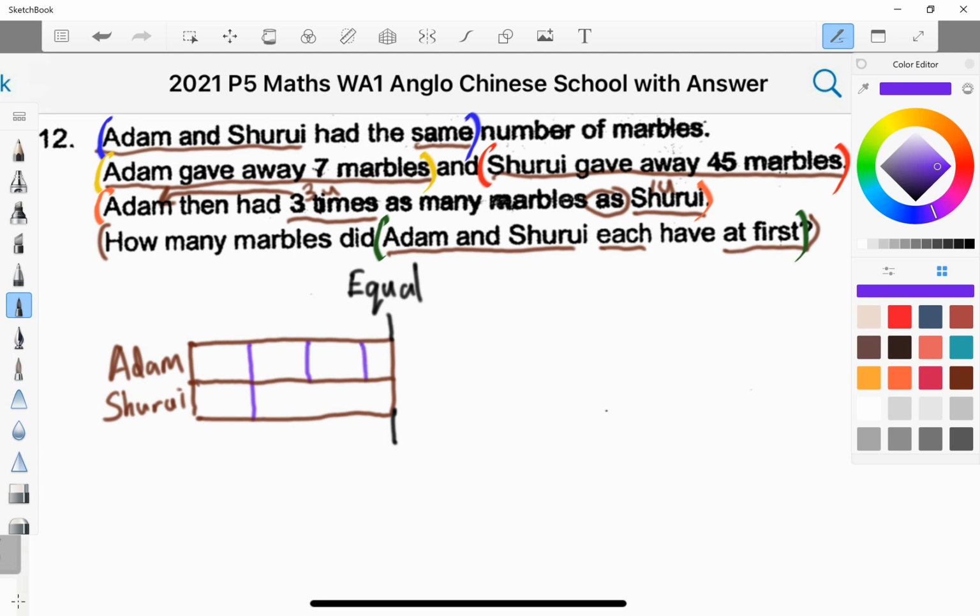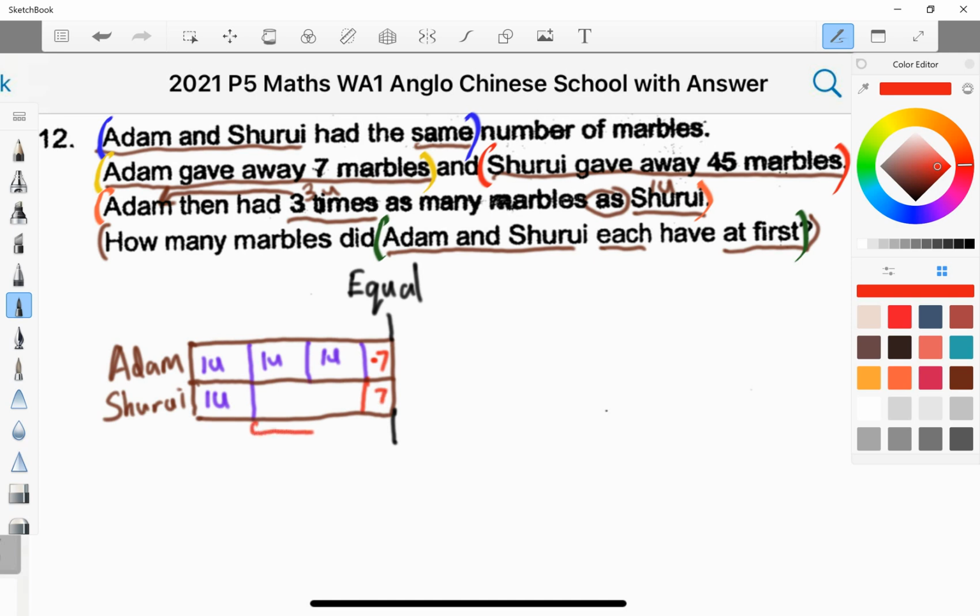In my model, I'll indicate that Adam in the end has 3 units, and Shure in the end has 1 unit left. And I'll also indicate that Adam gave away 7 and Shure gave away 45. As we mentioned in previous videos, if the space above is 7, the space below has got to be 7 as well.